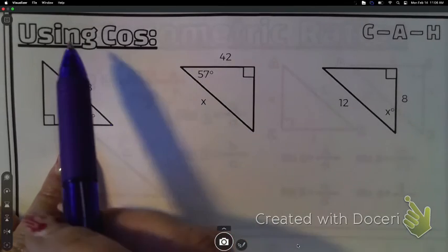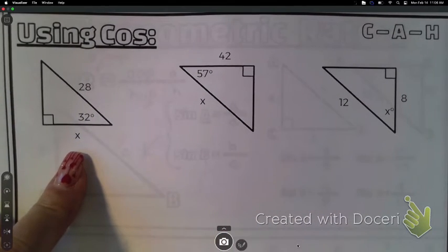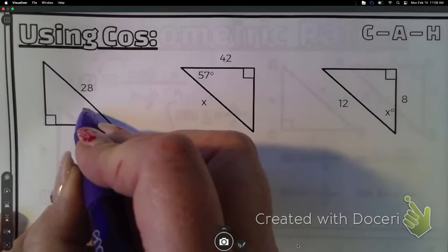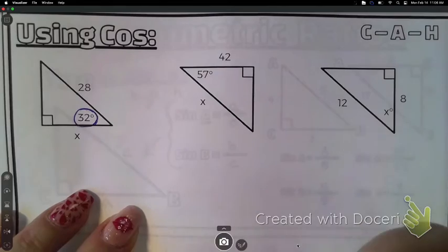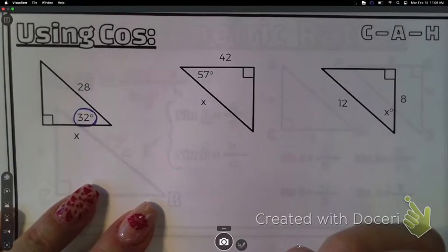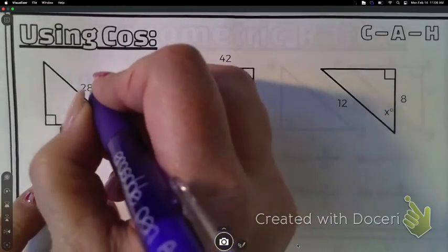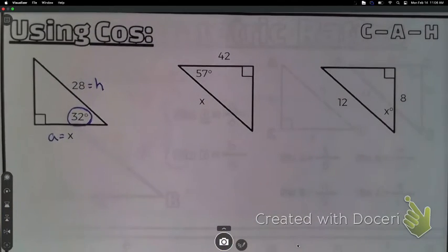Okay, this one again says use cosine, but am I going to be that nice? No, I'm evil. You know it, right? Okay, so we have 32. And what other two parts do we have? Adjacent and hypotenuse. Adjacent is x, and the hypotenuse is 28. And guys, please label.